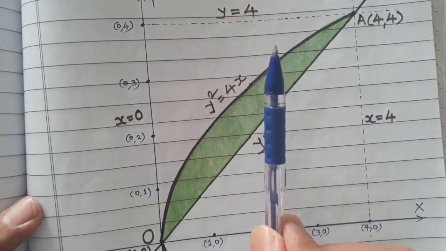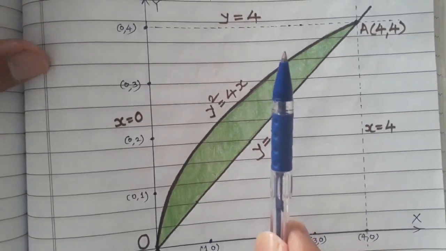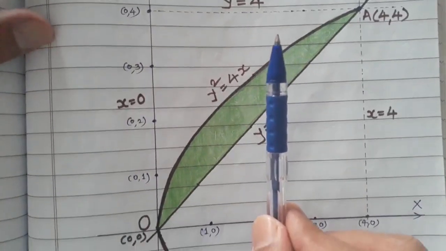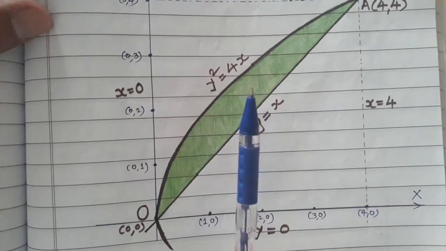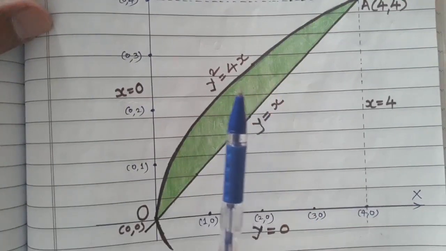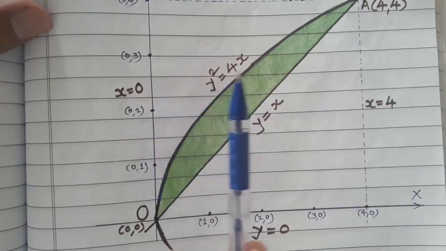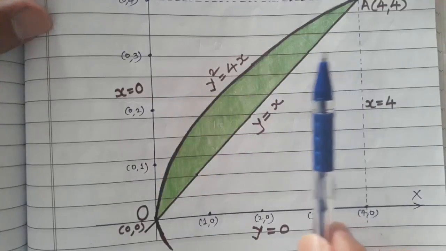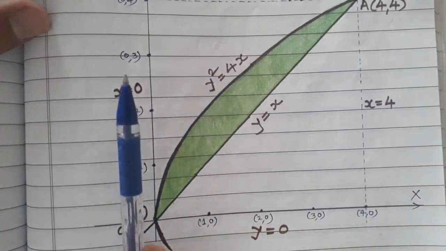Similarly, for the limits of x, to pass this bullet through this colored region, I have to fire this bullet between the range of left maximum to the right maximum. That means if I fire the bullet here, it will not pass through the color.